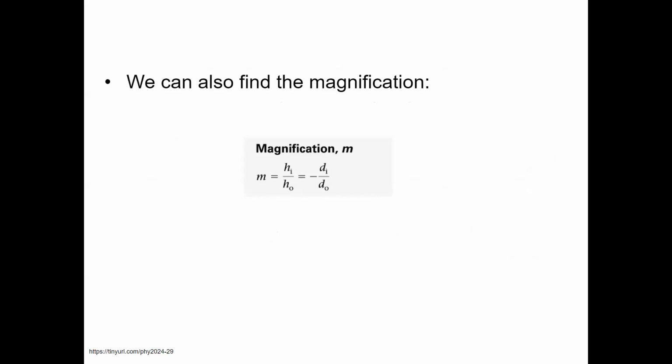You can see this from the similar triangles, the two figures we used to derive the mirror equation. If you check those two pictures with the triangles, you'll see hi over ho is also going to equal di over do.